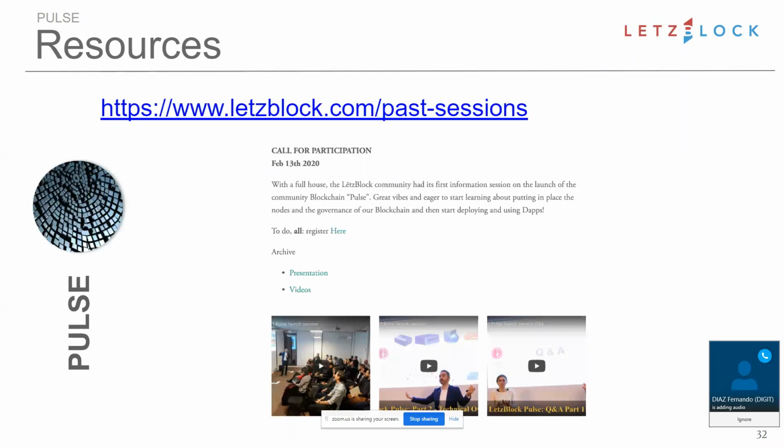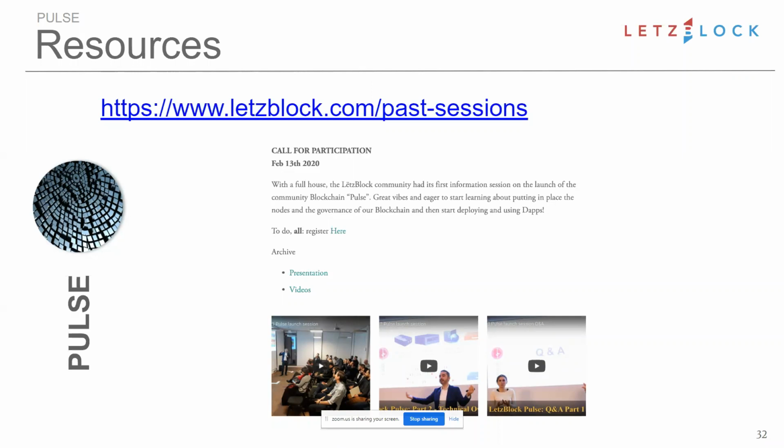Quickly recalling where you can find resources. We are archiving all the materials for past sessions, and going forward, we will be recording and archiving all the material for this session and upcoming sessions.